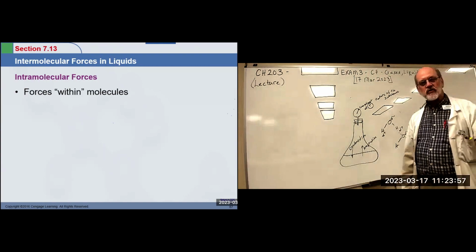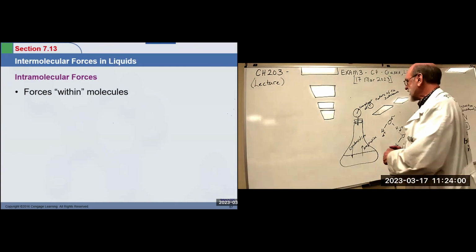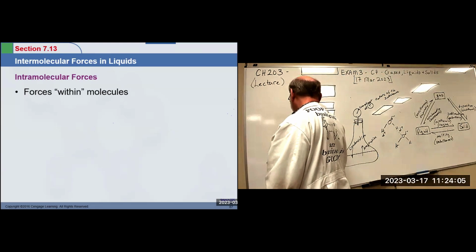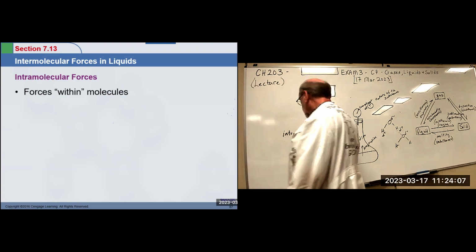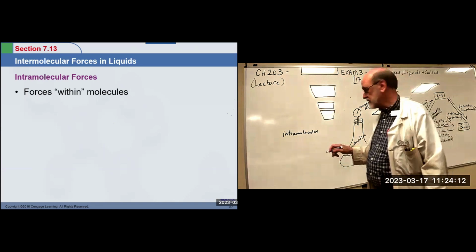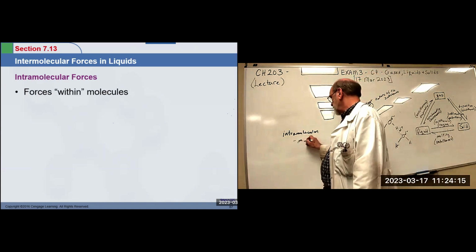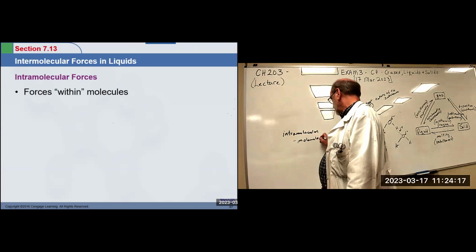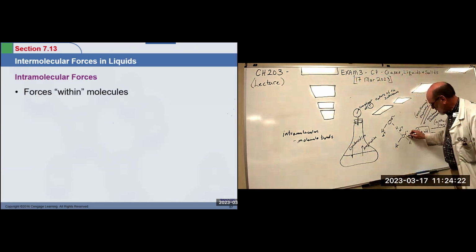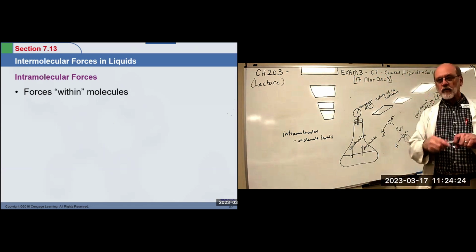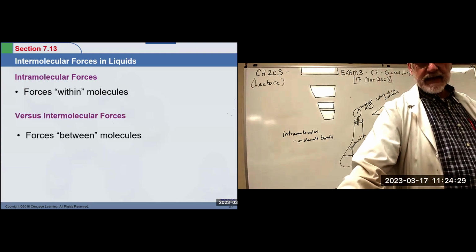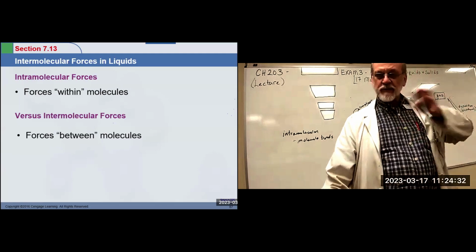This is opposed to intramolecular forces. When we say intramolecular, we're talking about bonds within the molecule. These are intramolecular forces, those bonds between atoms. Intermolecular are between separate molecules.